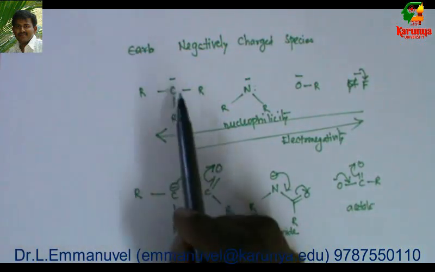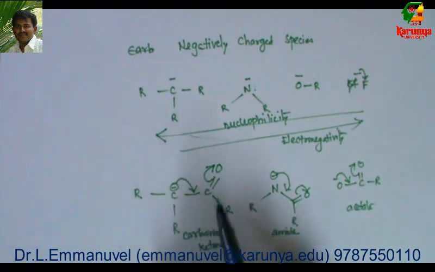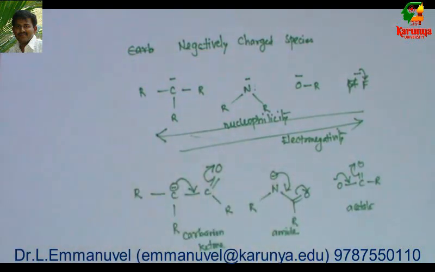So compared to this one, this carbanion has lesser reactivity, lesser electron density because it delocalizes on this carbonyl group also.